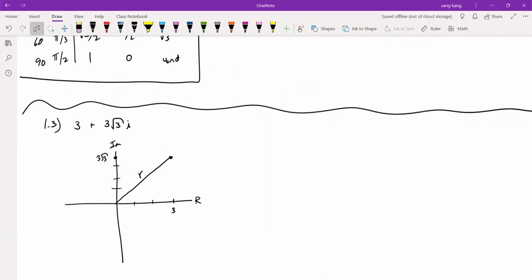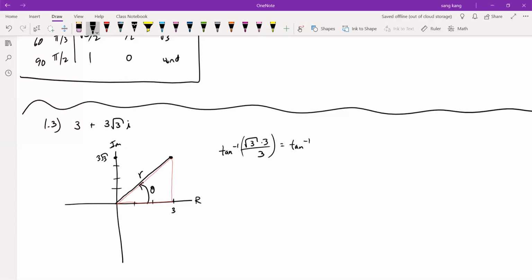Okay, this is my theta. And now I can find this one directly, right? Because my right triangle is in the first quadrant. So I don't have to do any sort of manipulation. I can just look at that right triangle and come up with theta directly. So tangent inverse of root 3 times 3 over 3, which is essentially tangent inverse of root 3.